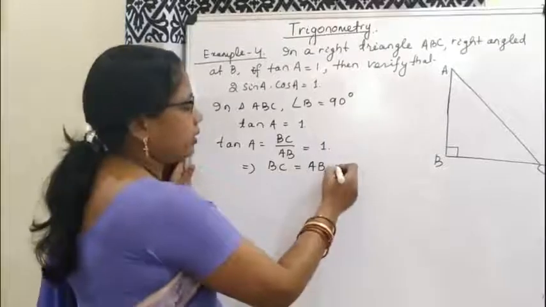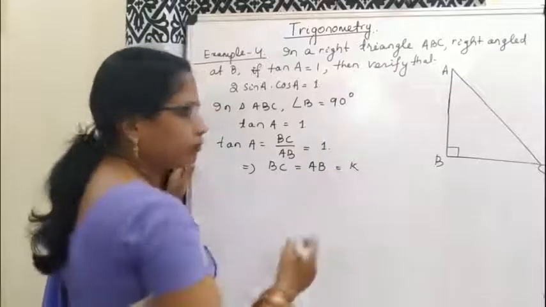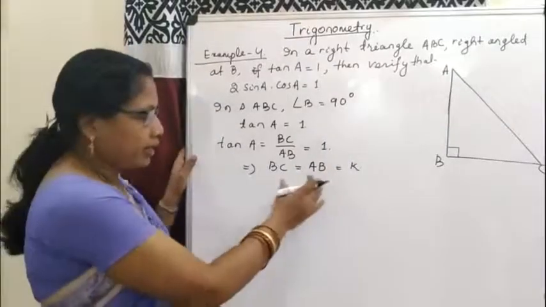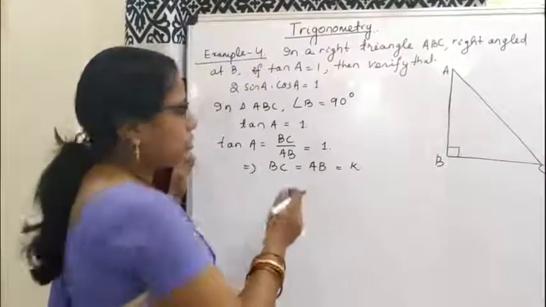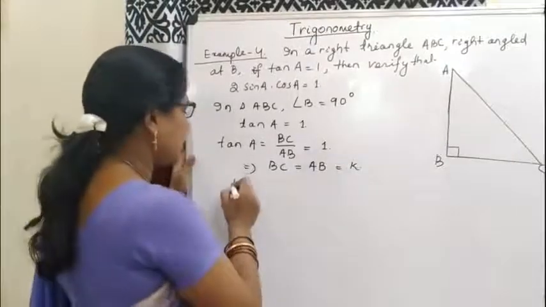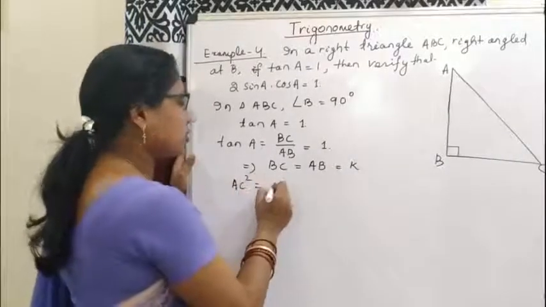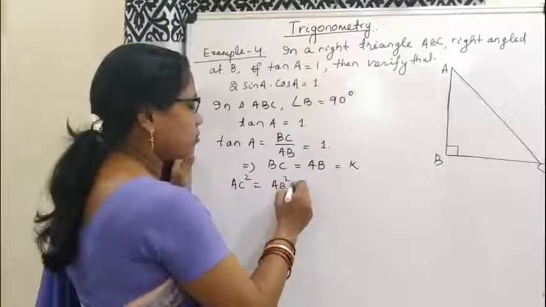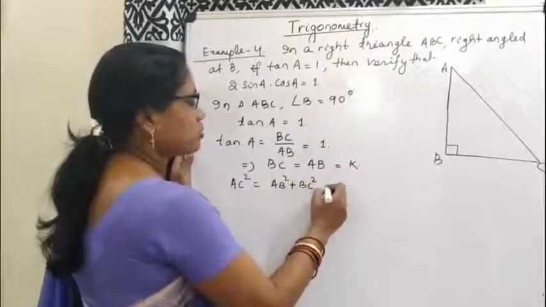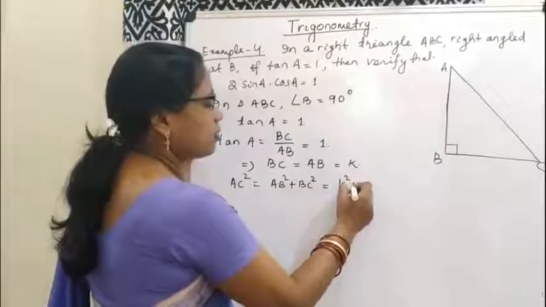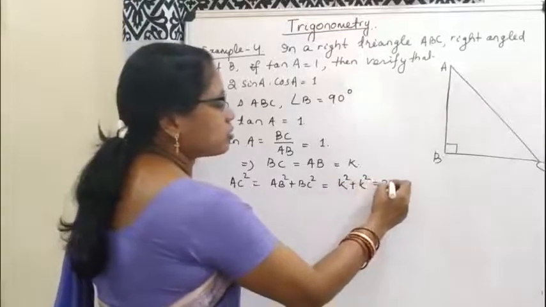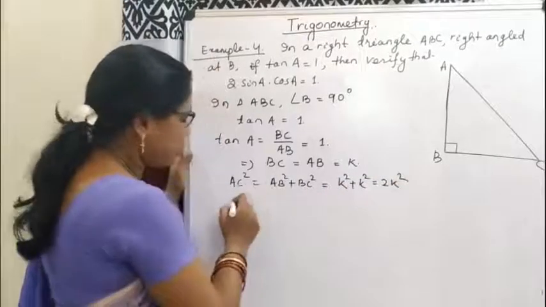So let BC and AB be K. So we have to find AC. So AC square is equal to AB square plus BC square. So this is equal to K square plus K square, which is 2K square. So what is AC?